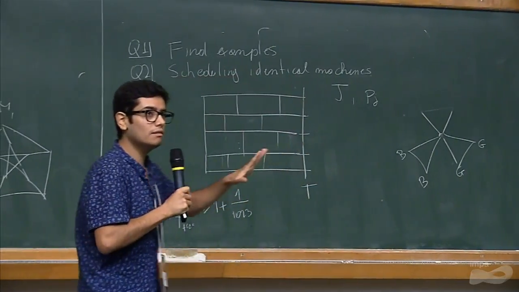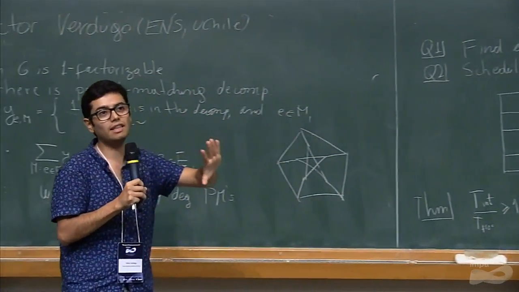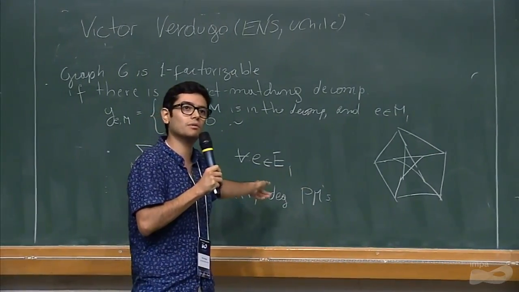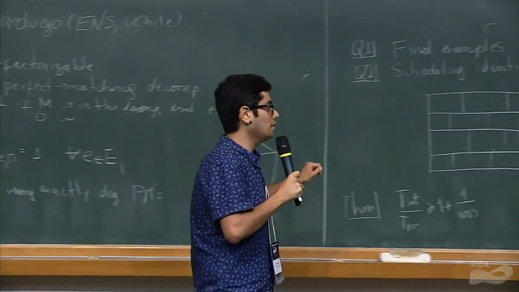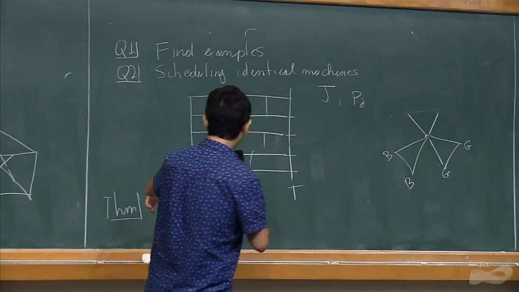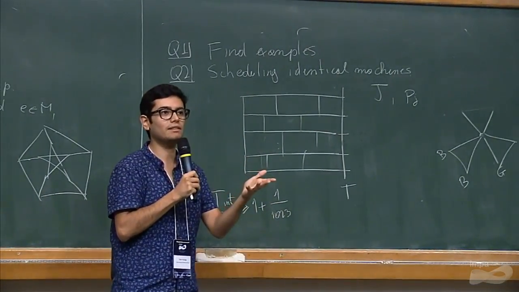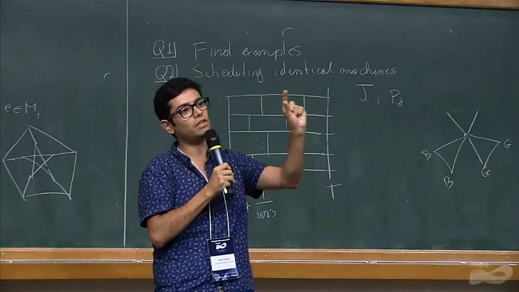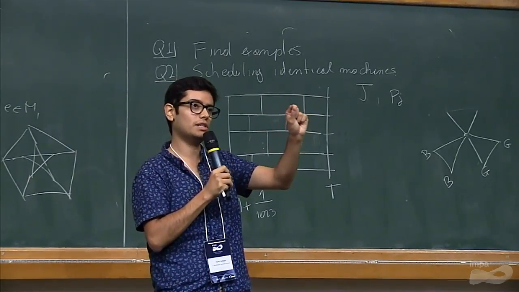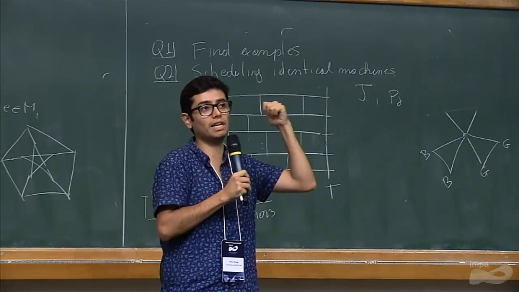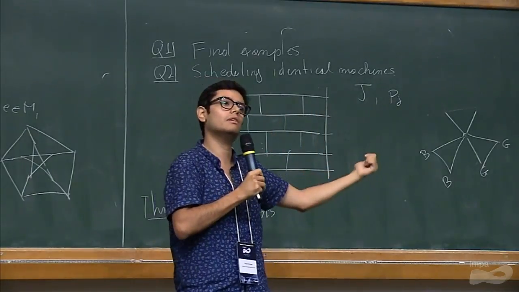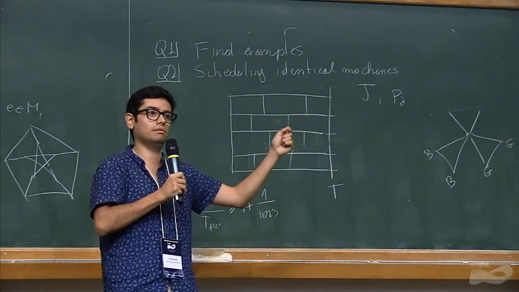You can write an IP. Again, and this is the key thing, in fact, it looks exactly like this one, in a way. And then the gap, more precisely, is how different is the minimum T for which the LP, the relaxation of the IP, is feasible, versus the minimum T for which the IP is feasible.